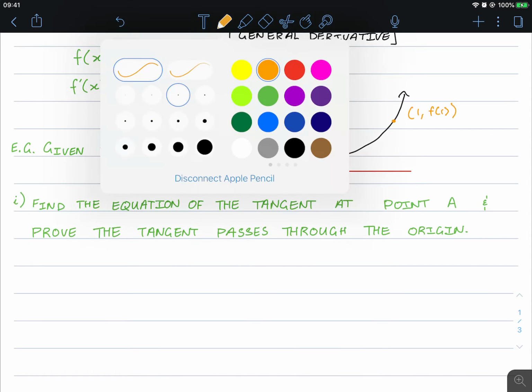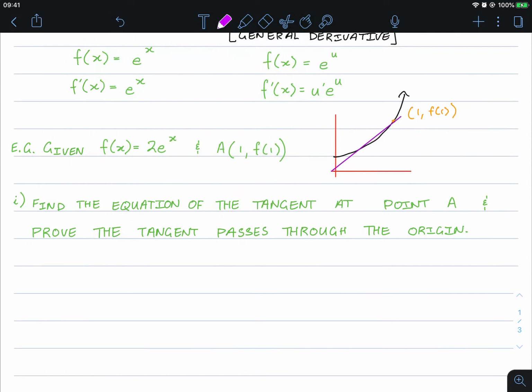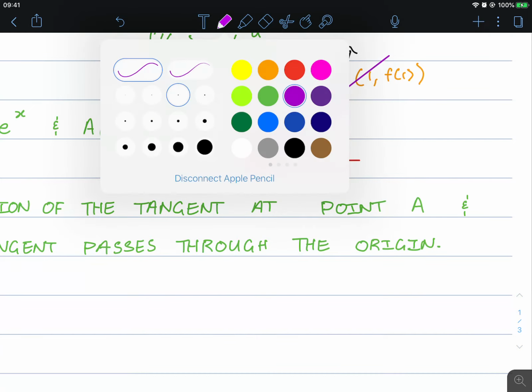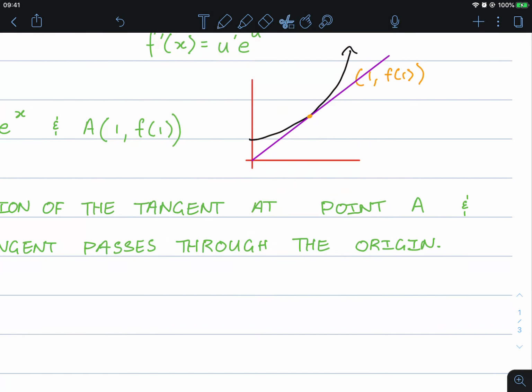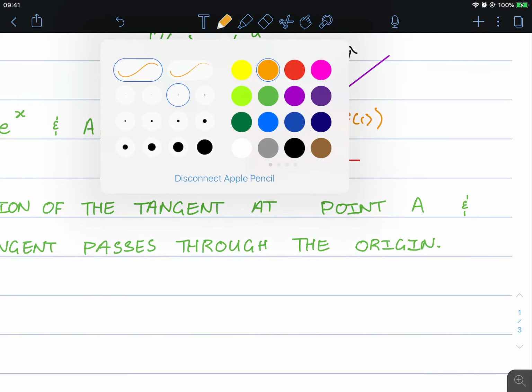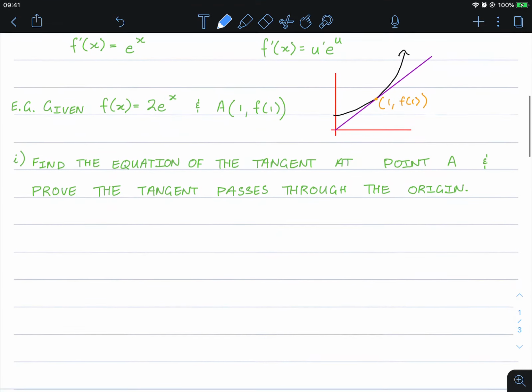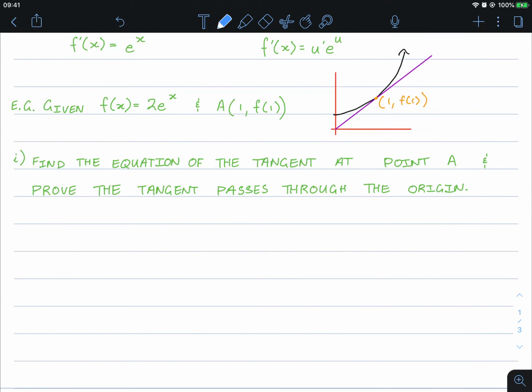They're saying that the tangent passes through the origin. So we want to find the equation of that purple line and prove that it passes through the origin.